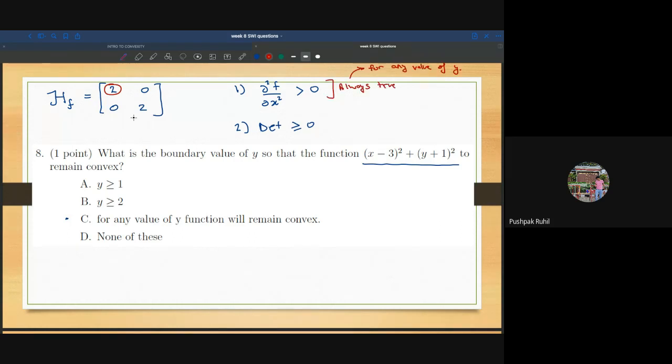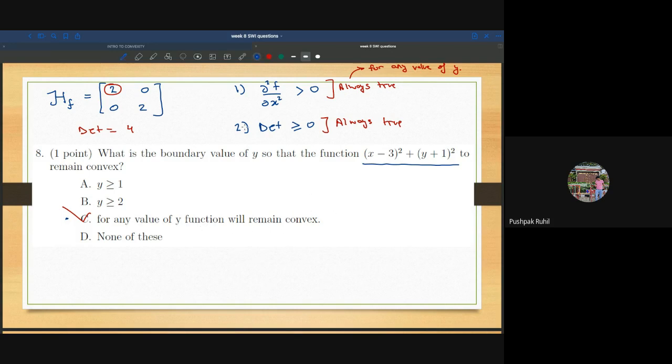And your determinant is equal to 4, so irrespective of the value of y, your determinant is more than or equal to 0. Again, always true. So your option C is the correct one. For any value of y, the function will remain convex.